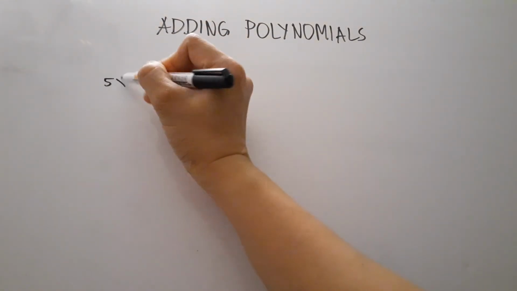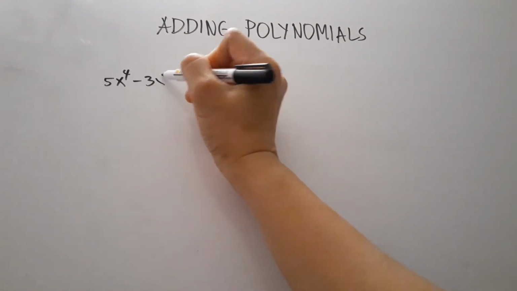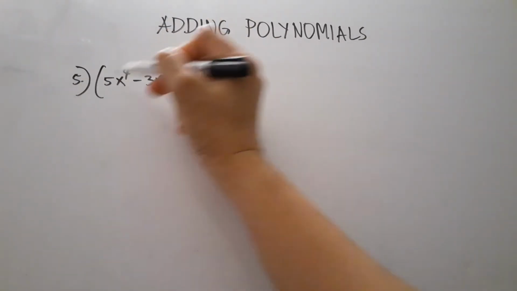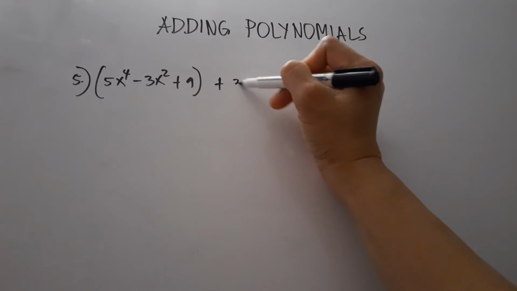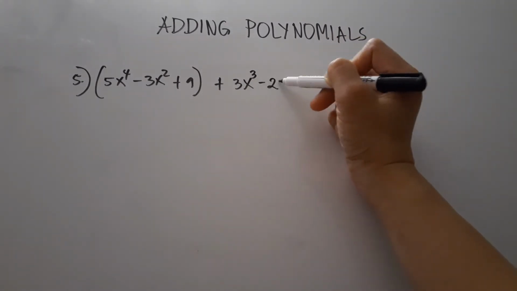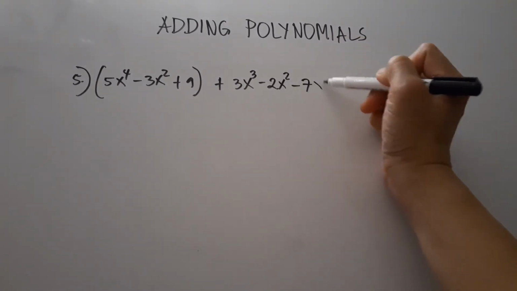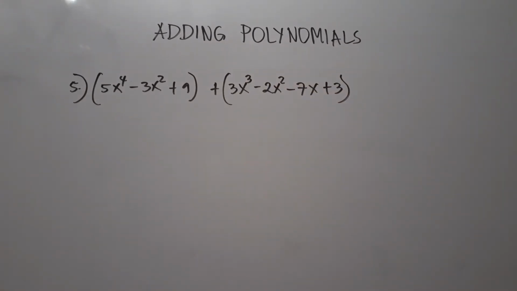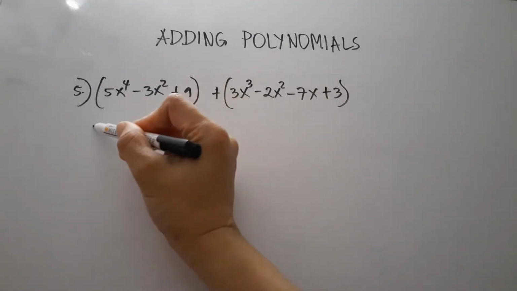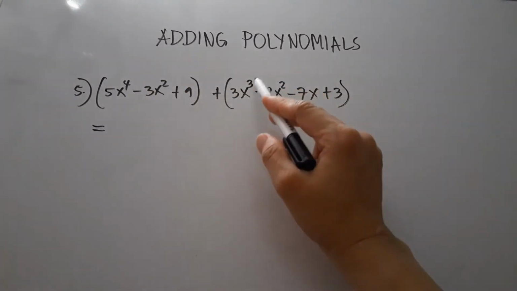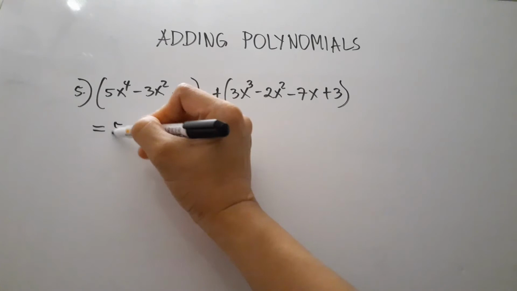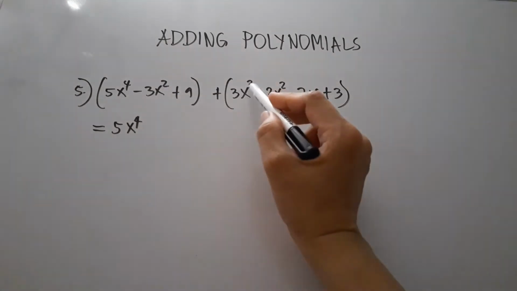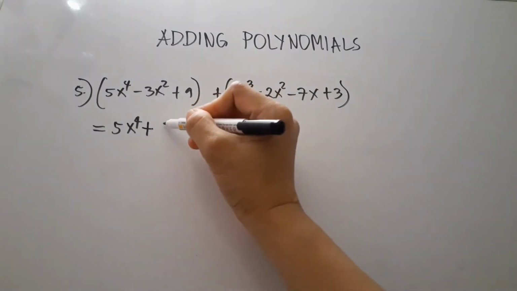And then let's have example number 5, which is 5x to the fourth negative 3x squared positive 9, plus 3x cubed negative 2x squared negative 7x positive 3. So we can collect like terms. Since 5x to the fourth has no like terms, we can write it down first, 5x to the fourth. Then next is the positive 3x cubed.